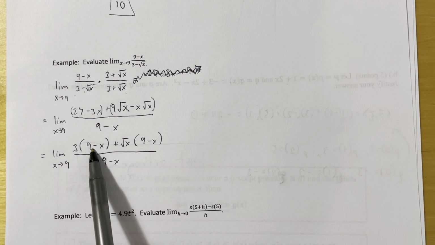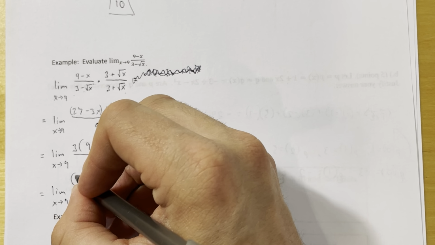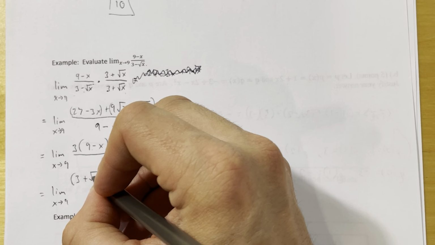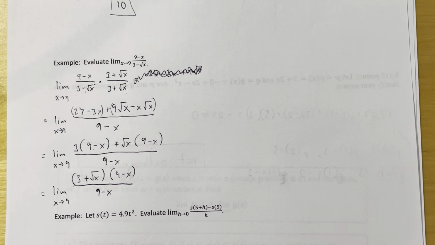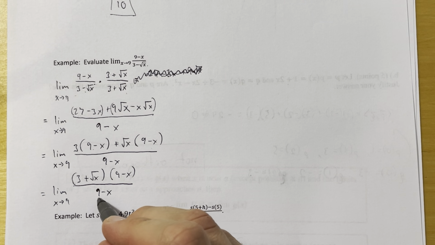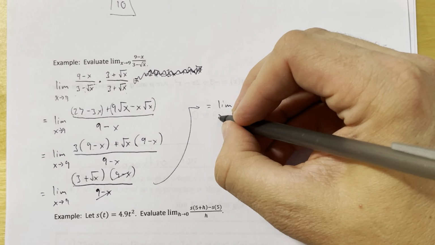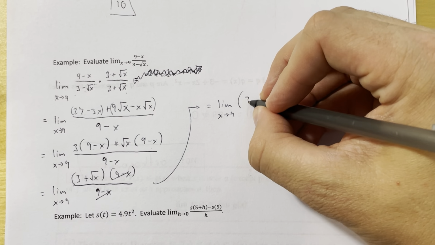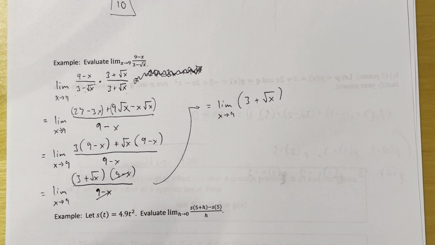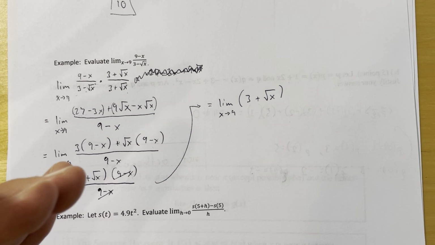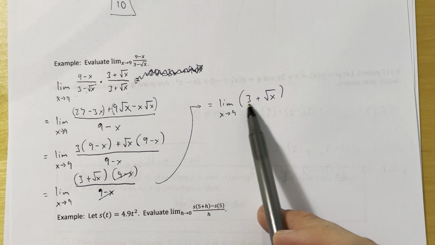And then I could factor a 9 minus x from each of these. So this is going to give me the limit as x approaches 9 of 3 plus root x times 9 minus x over 9 minus x. And notice, just like in the previous problem, we get things that cancel out. So this becomes the limit as x approaches 9 of 3 plus root x. Okay? Now, I've taken this function and I've simplified it to a much simpler function, a much simpler looking expression.